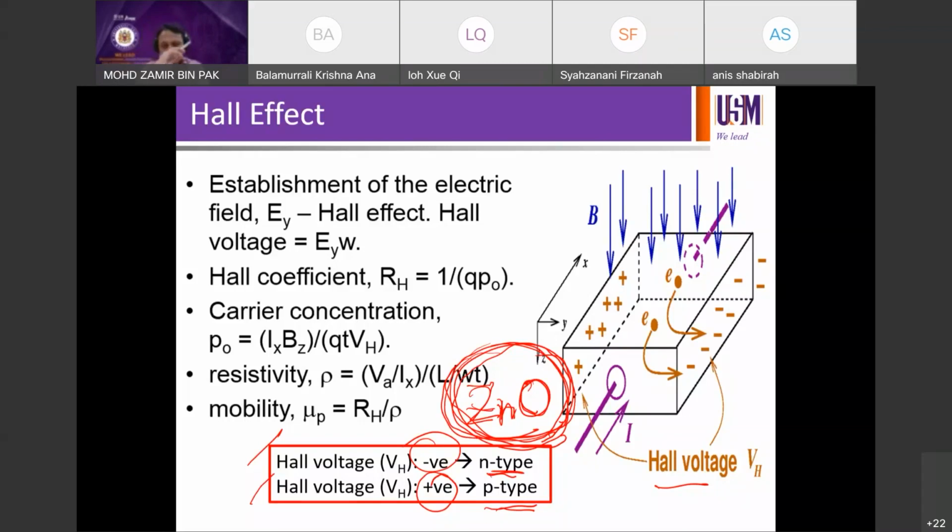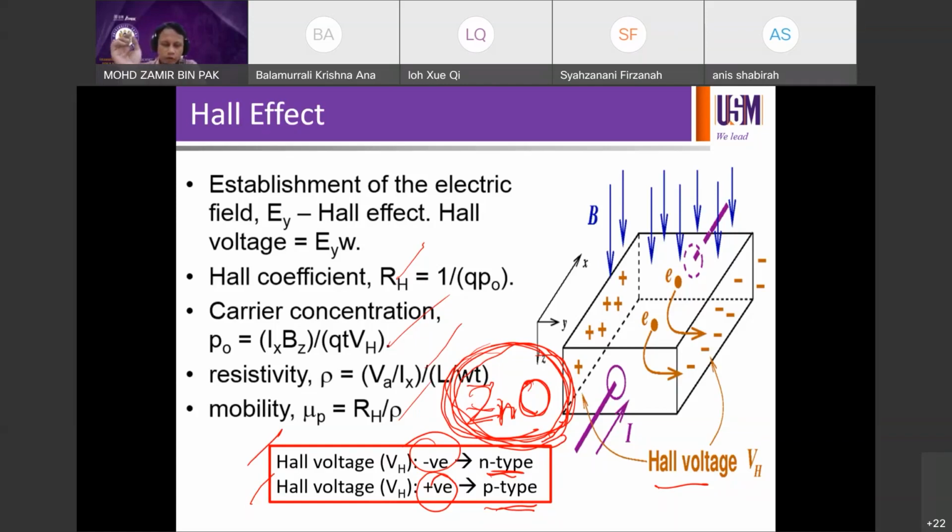Okay, so there are a few parameters that you can get from your Hall effect characterization, for example Hall coefficient, carrier concentration, resistivity, and mobility. These are all the equations used in order to come out with your carrier concentration, resistivity, and mobility on the display.